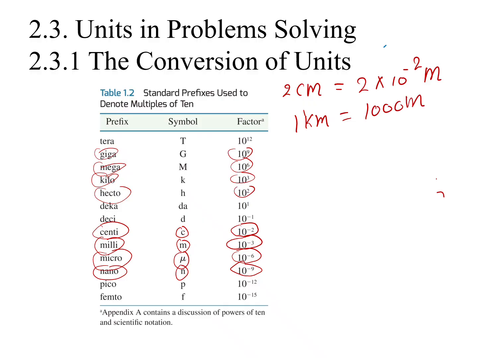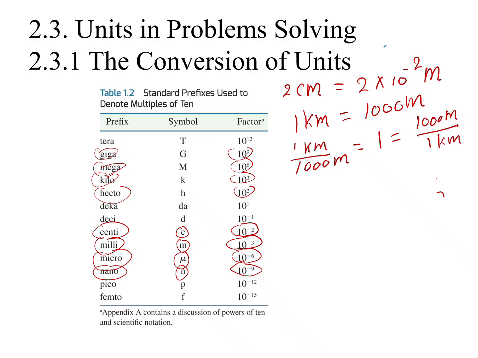Now we can create fractions in two ways using this. So 1 kilometer divided by 1000 meters is equal to 1, and also 1000 meters divided by 1 kilometer is also equal to 1.